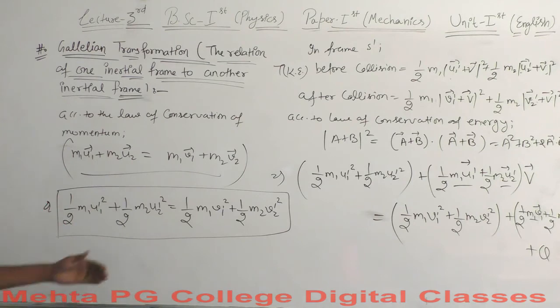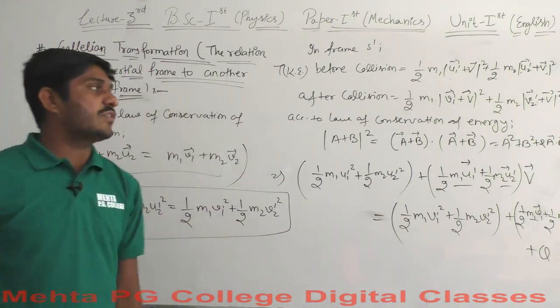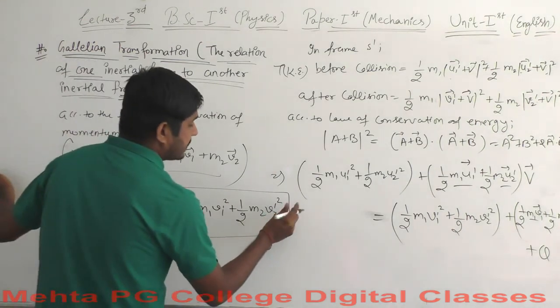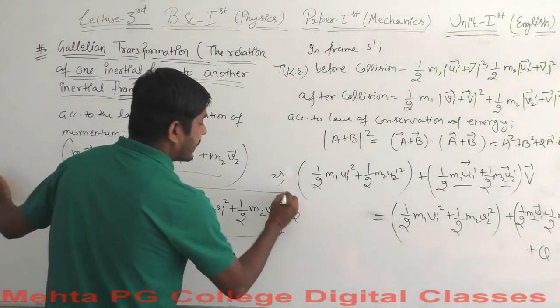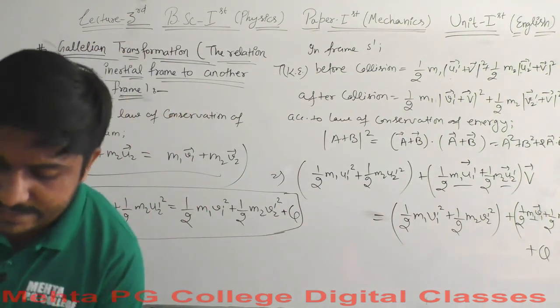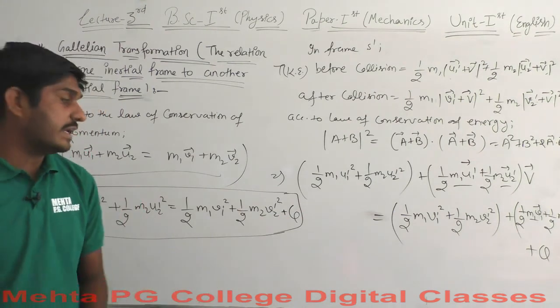So this is how the law of conservation of energy is satisfied here. This equation gives us the relation saying that the energy remains conserved. Sorry, I forgot one thing, writing the Q factor, which is again the energy in the form of existence or energy in the form of giving here.